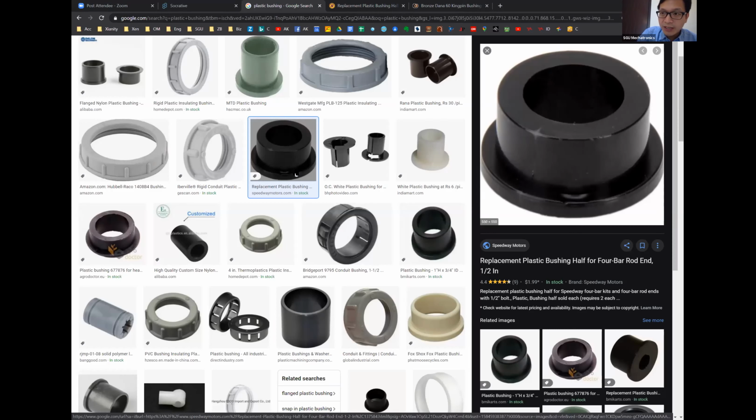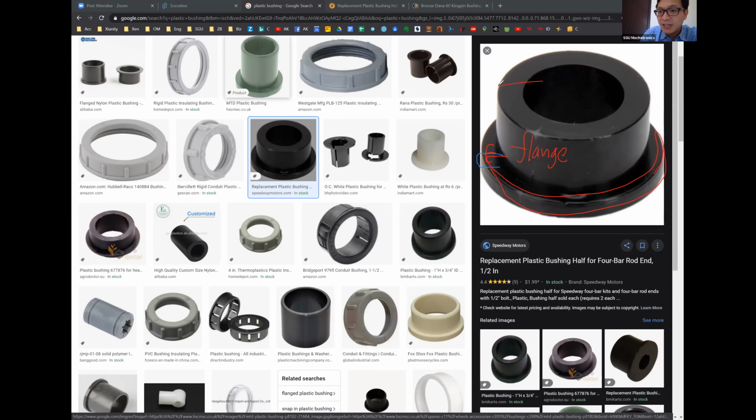Ya, bushingnya ini ada flange-nya ya, flange-nya. Annotate, okay. Alright. Nah, ini bibirnya ini namanya flange. Tujuannya adalah untuk dia duduk.